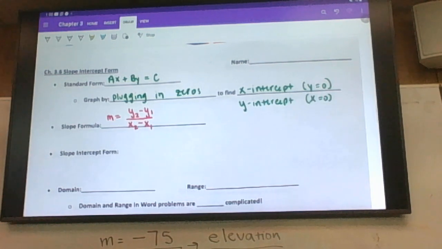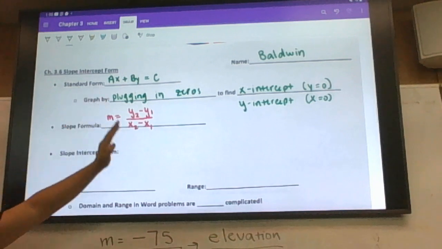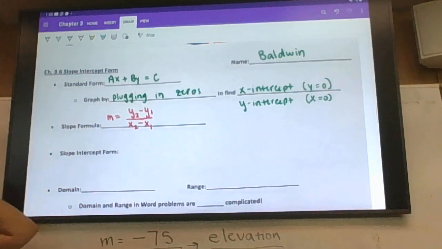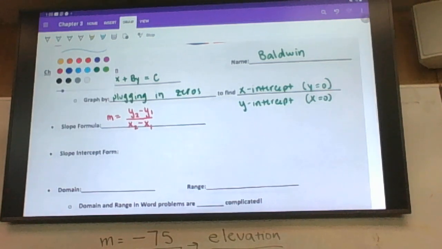So we did practice standard form, but I never stopped and told you this is called standard form. When we plugged in 0 for one variable to find the x-intercept, and 0 in the other to find the y-intercept, that was standard form. It's not talked about as much as slope-intercept form.